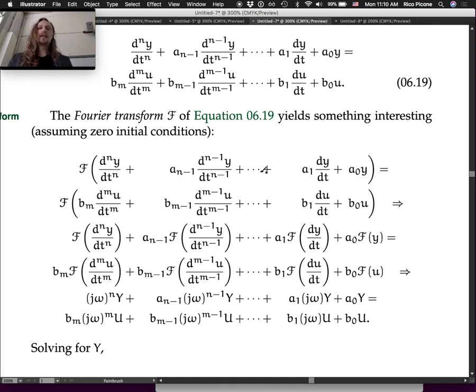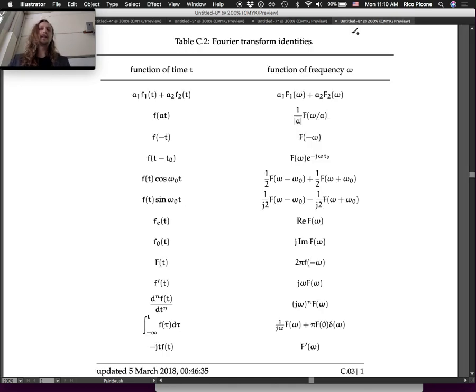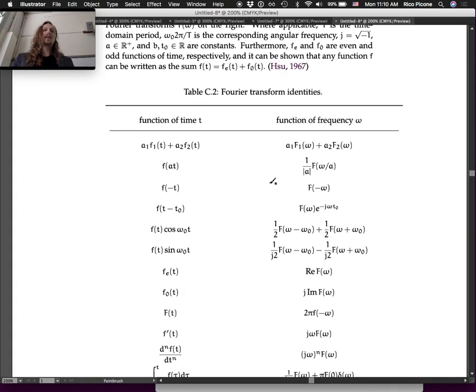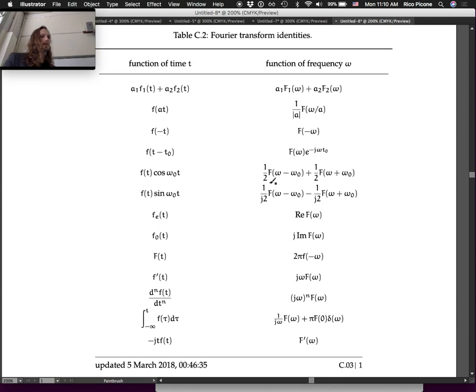Now is a good time to switch over to our handy Fourier transform identity table from Appendix C3. We can look on the left column for functions of time, and the corresponding Fourier transform is on the right column.